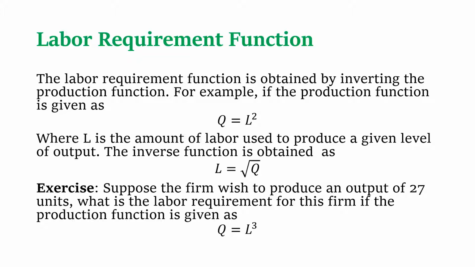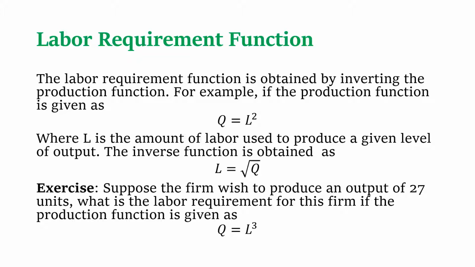So let's look at this simple exercise here. Suppose the farm wishes to produce an output of 27 units. What is the labor requirement for this farm if the production function is given as Q equals L cubed? What we need to do here is express L in terms of the output.